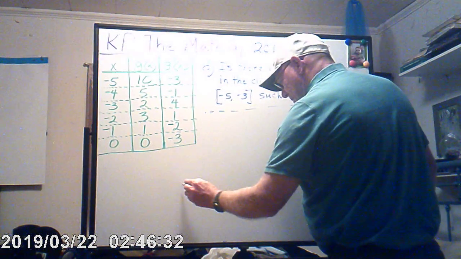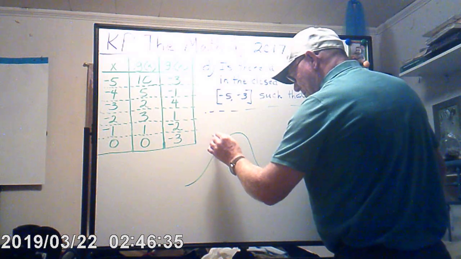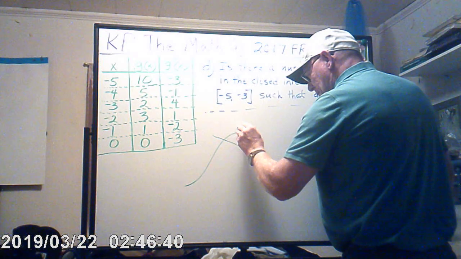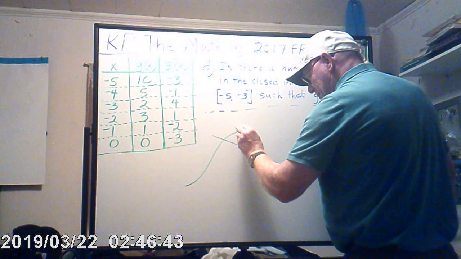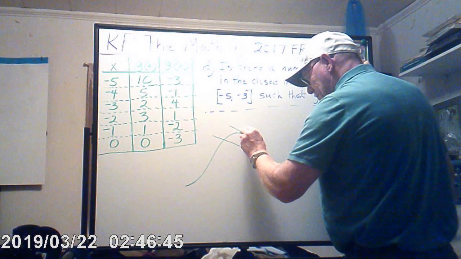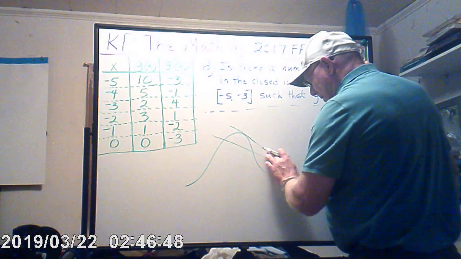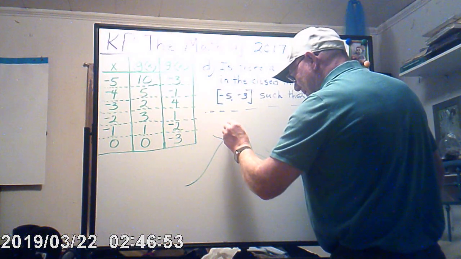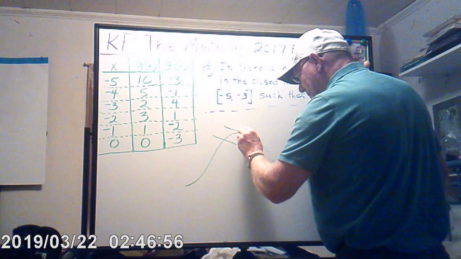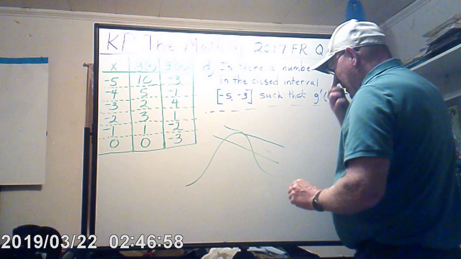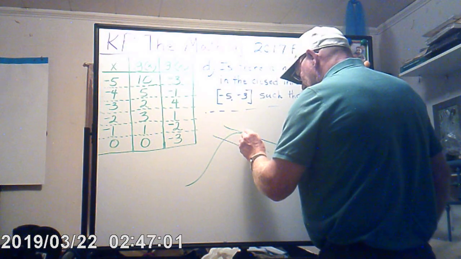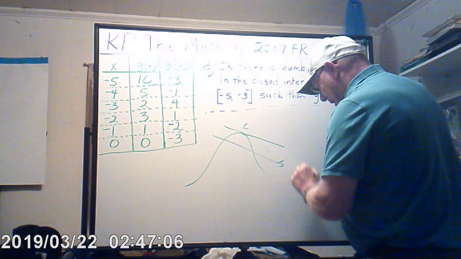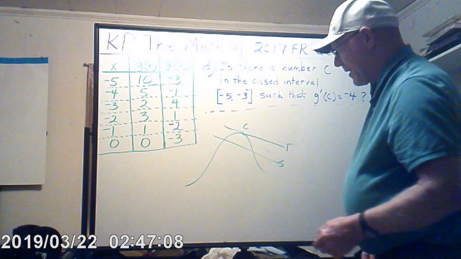I'm trying to make it tangent, and that is not even near what I want to do here. Okay, let's see if I can do this. Okay, right there, maybe so. And so this is your secant line, and this is your tangent line.